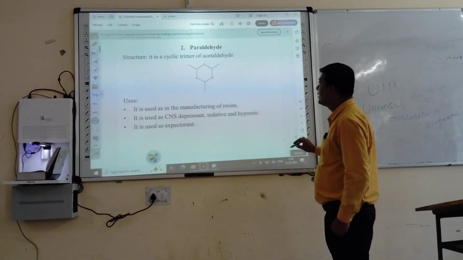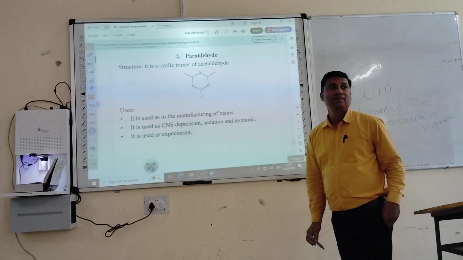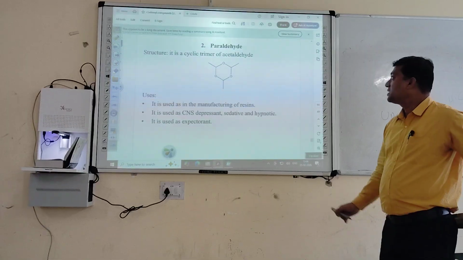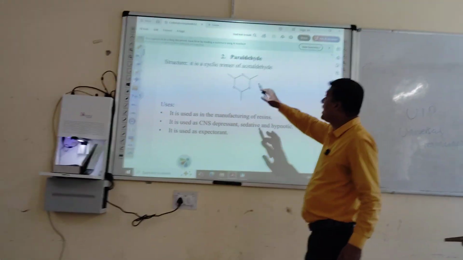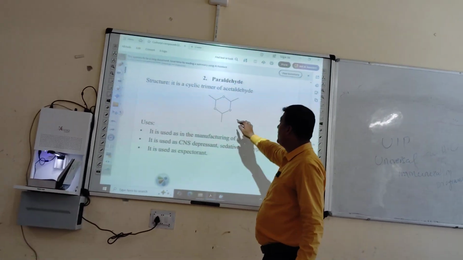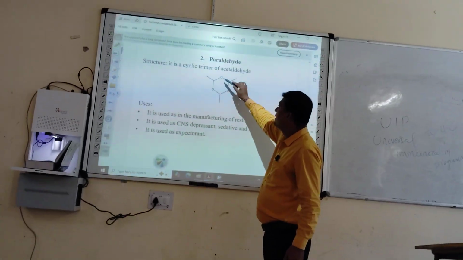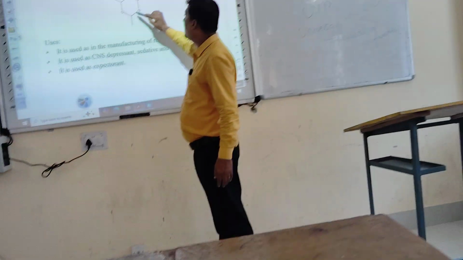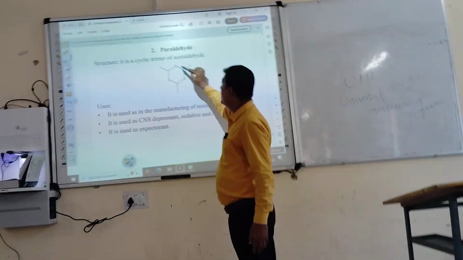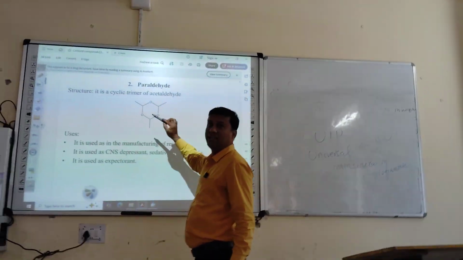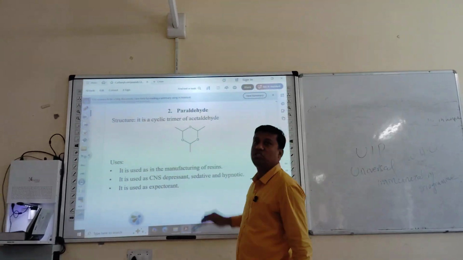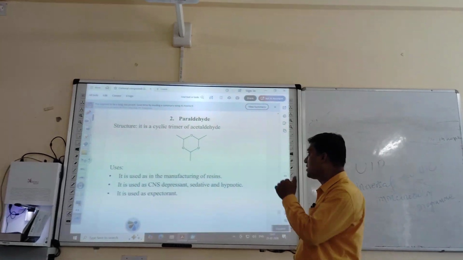Then paraldehyde. This is the structure of paraldehyde. It is a cyclic trimer. Three oxygens are there. This is one monomer, another monomer, and three monomers are joined with each other with the help of oxygen atoms.